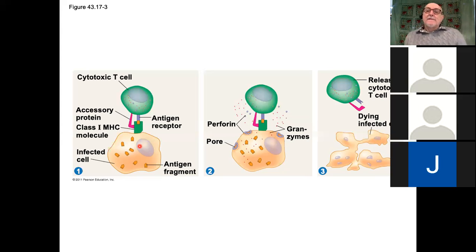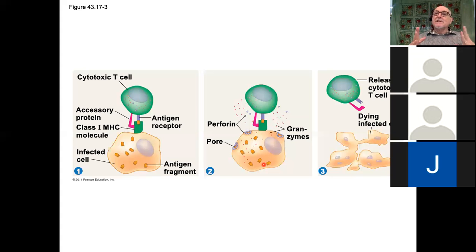Instead, the cytotoxic T cell causes the cell to essentially commit suicide. The cell begins to shut down all of its metabolic processes, wither away, and it dies in a programmed fashion. And this has a special name. It's called apoptosis.